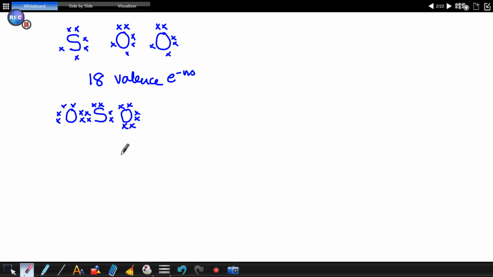Ma'am, why did the textbook draw the sulfur dioxide the way it is? It's on page 23.